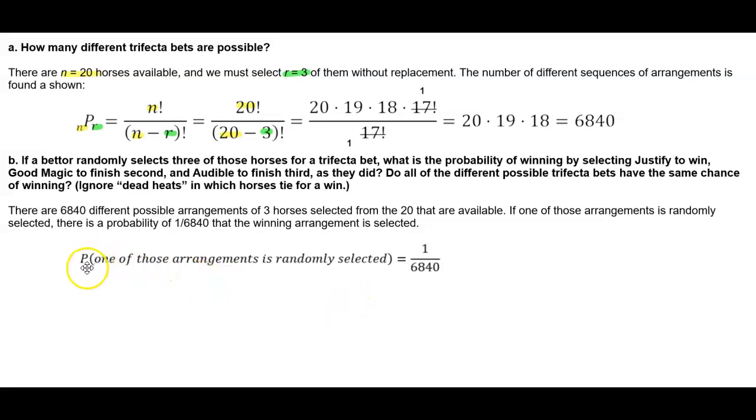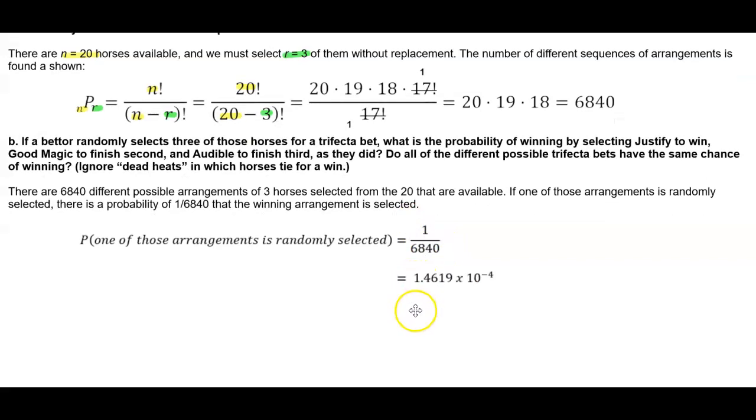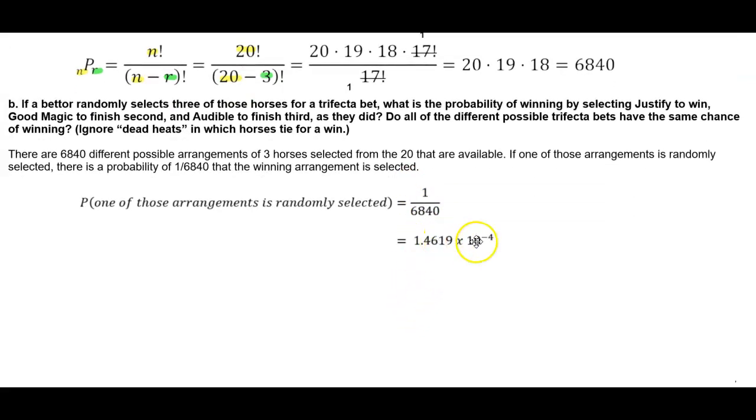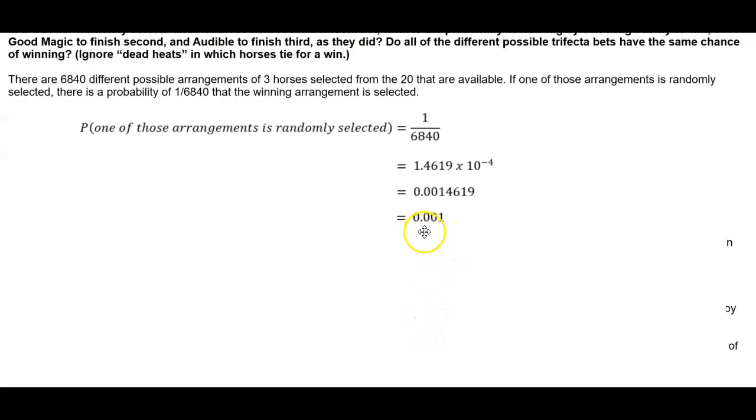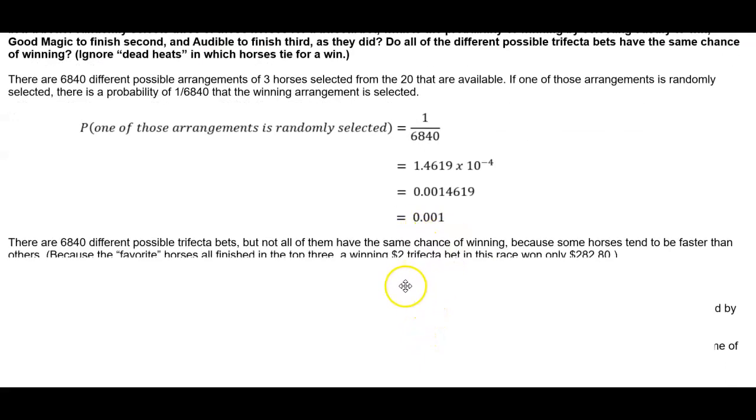So the probability is equal to 1 over 6,840, which gives us the scientific notation number of 1.4619 times 10 to the negative 4. It means we've got to move the decimal place to the left 4 times, which gives us 0.0014619. Rounding that to 3 decimal places gives us 0.001.